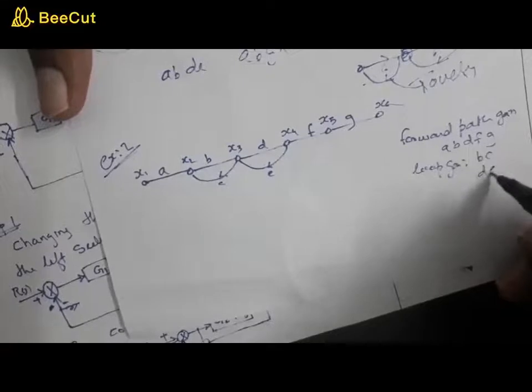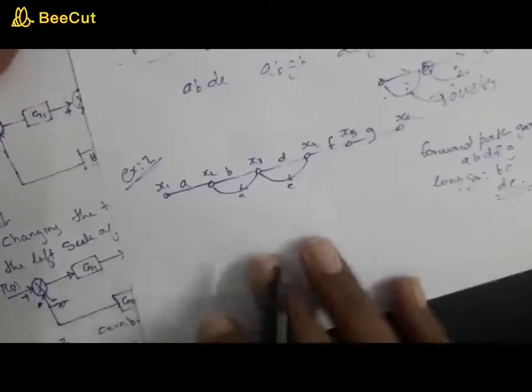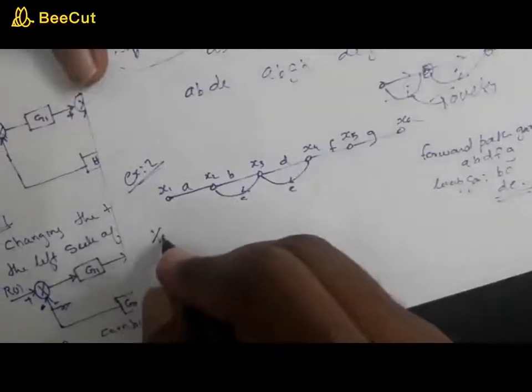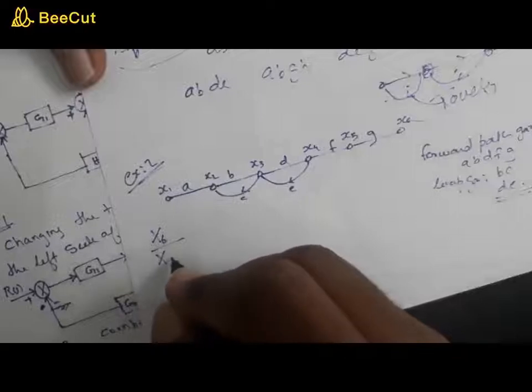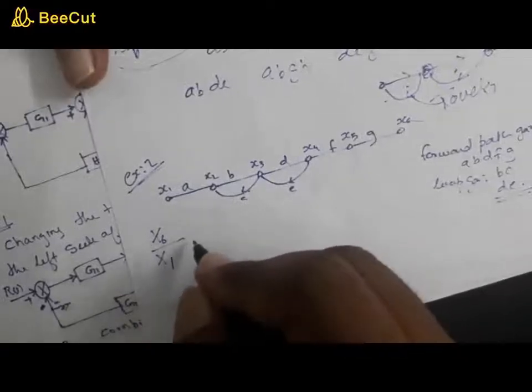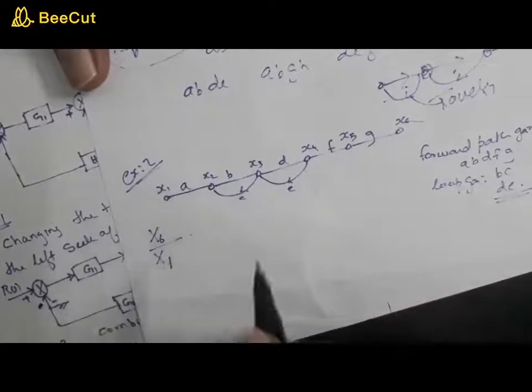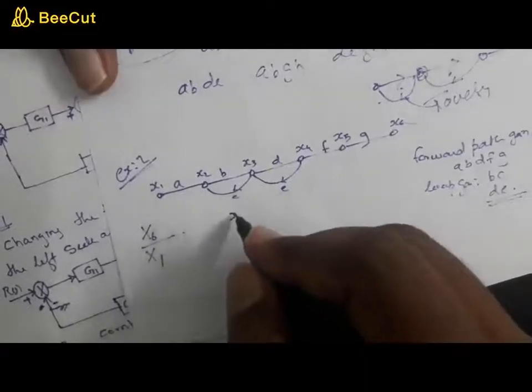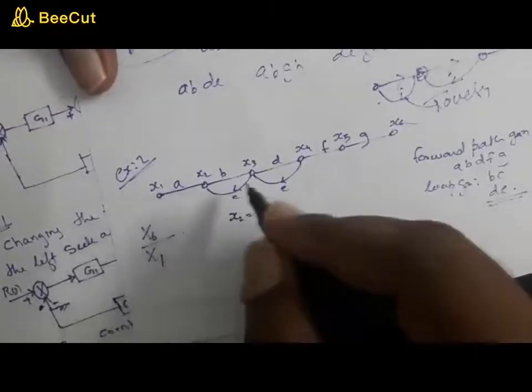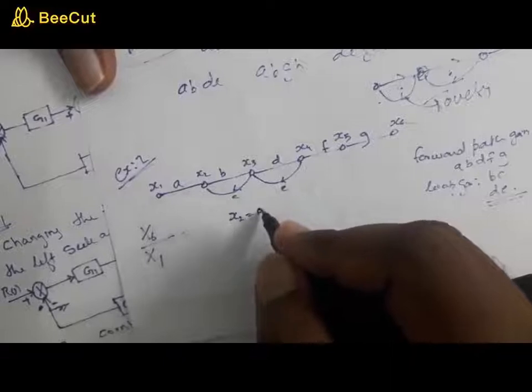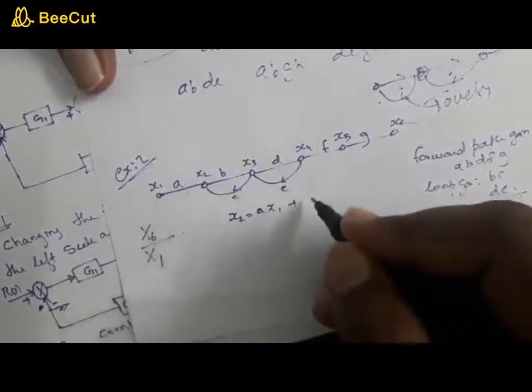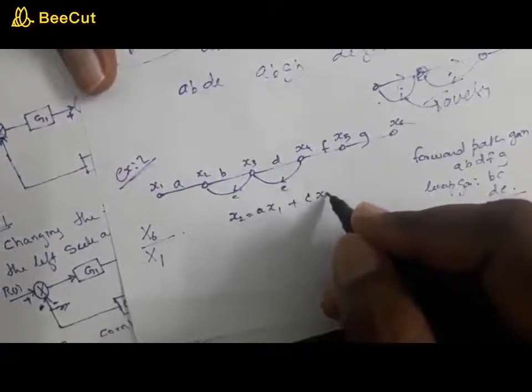And now let's find out by the back substitution method what is x6 to x1. You know how to do it. Start writing equations from x2. x2 is a times x1 plus c times x3.